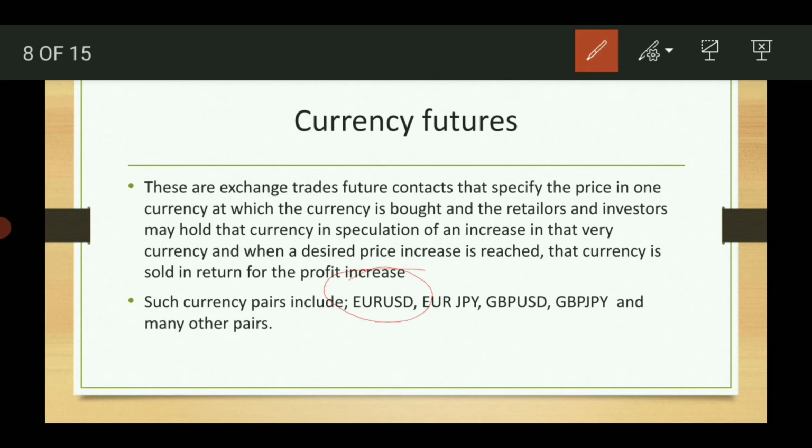In Euro USD you have the euro, and then you have the United States dollar. If you are to buy, you are buying the euro in speculation for its increase. And when you sell, you have got a profit since the euro has gained in value, and you are selling to get back your USD.